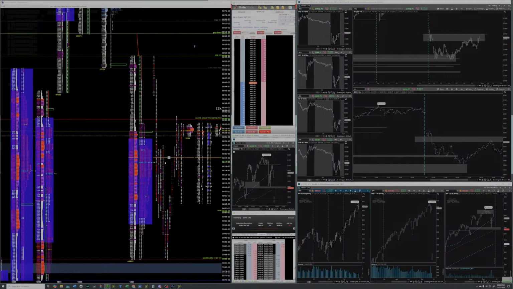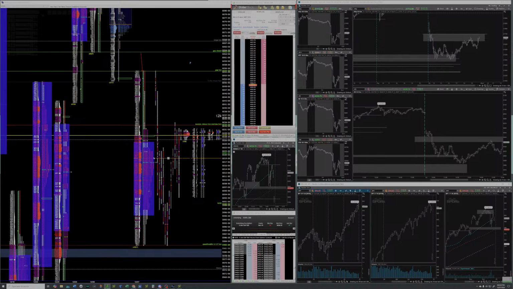We were talking at the time about this W formation that we have here, and how we as humans have the tendency to find patterns.